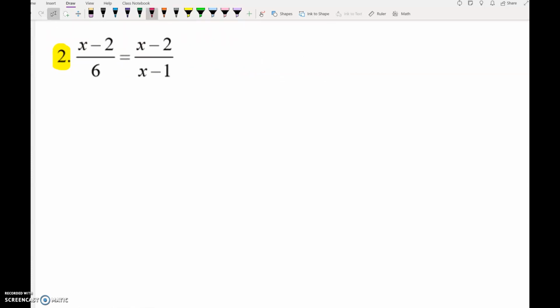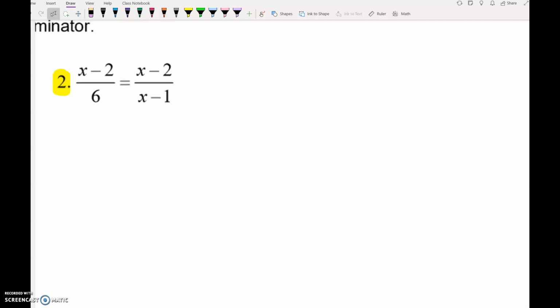When you have fraction equals fraction, that is the only time that you are allowed to cross multiply. Some of you get this cross multiply thing in your head, and so then you try to cross multiply all the time. The only time you can cross multiply is when you have fraction equals fraction. So this is a perfect case for cross multiplying.